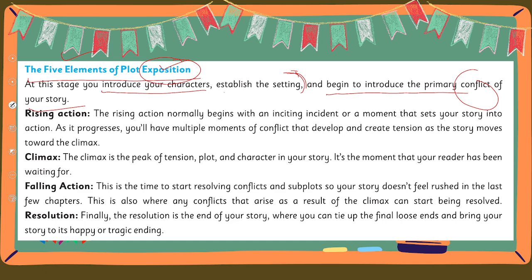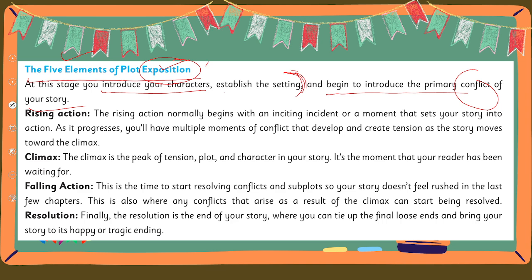Setting includes your time, place, weather, the year, or the period on which the story is based. For example, if the story is based in a school, then the setting of the story will be a school or at home. So you can introduce all these settings in your exposition.